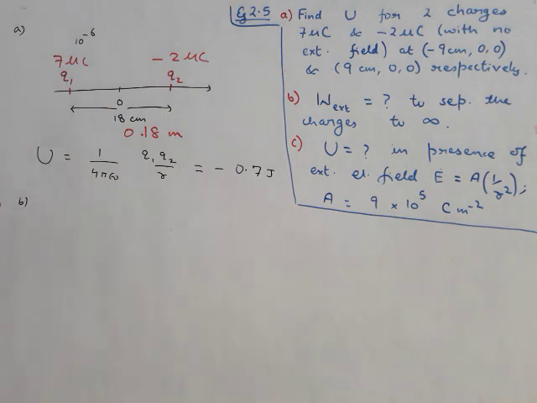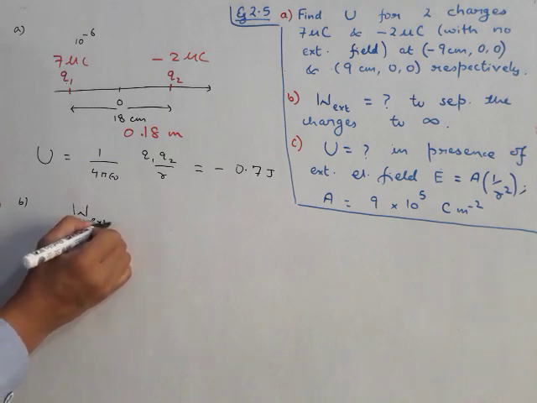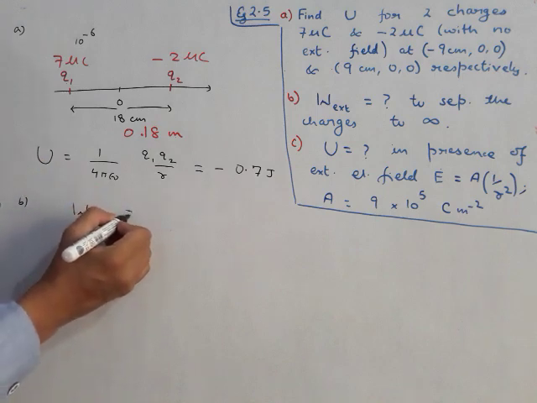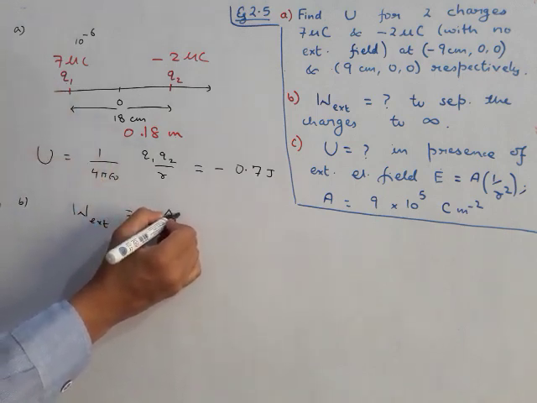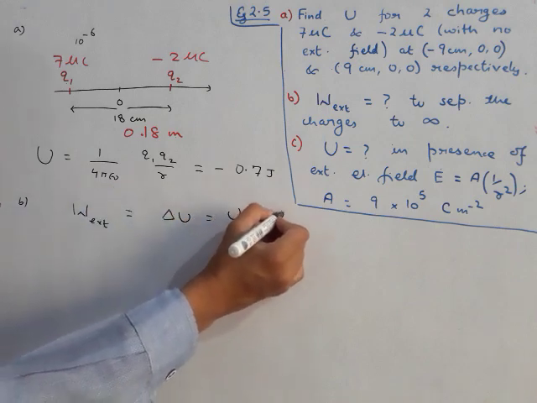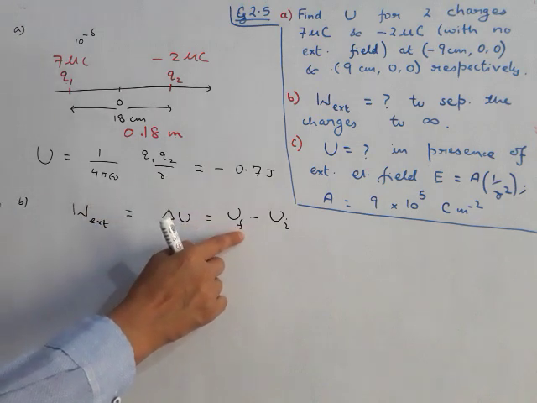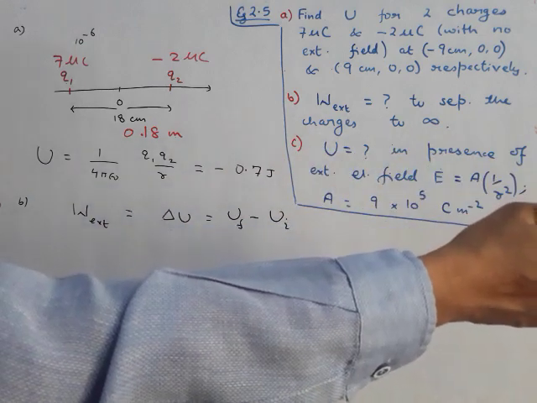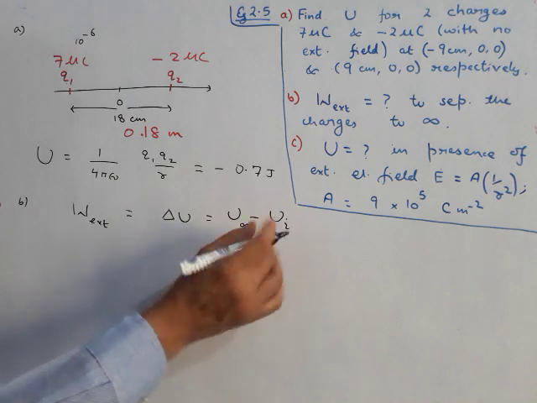That is being asked. You know, students, the work done by the external agent we have denoted by the symbol W external, and that W external is nothing but equal to the change in potential energy. This is nothing but final potential energy minus initial potential energy. Final potential energy is the potential energy of these two charges at infinite separation, so I can write U infinity.